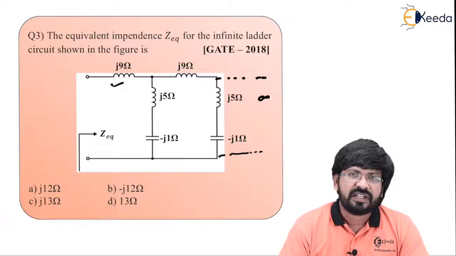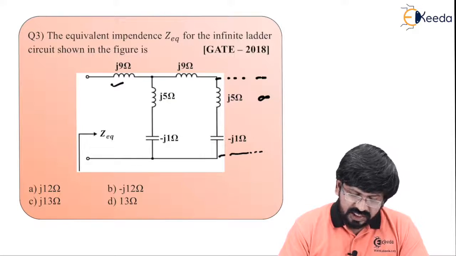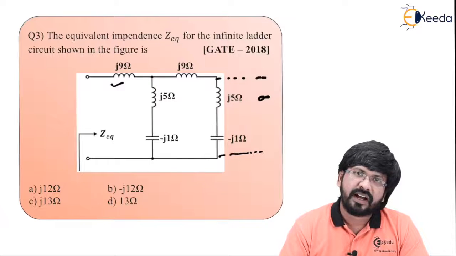I'm sure you must have seen the previous videos where I have taken such sums in DC circuits. But again, let's see how to handle this in terms of an AC circuit.